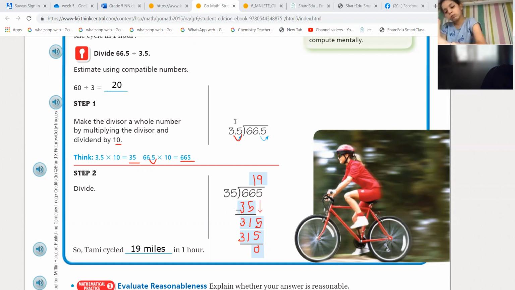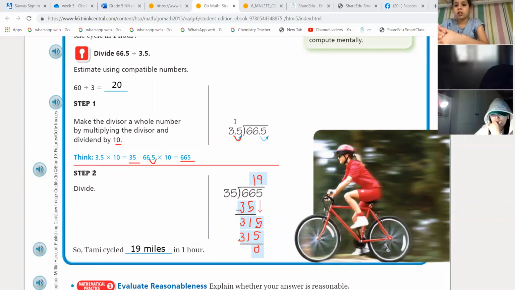Did you finish writing this, everyone? Make it faster. Please, other girls, make it faster. Write fast. Finished.